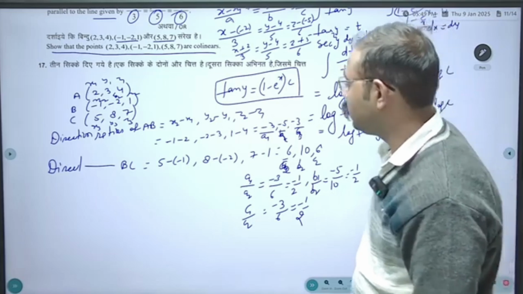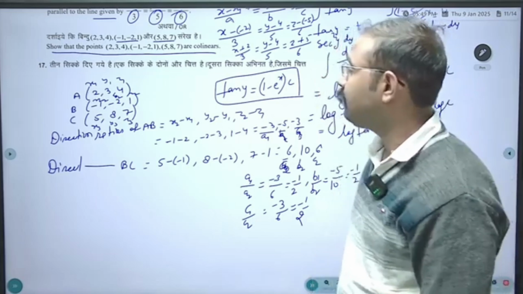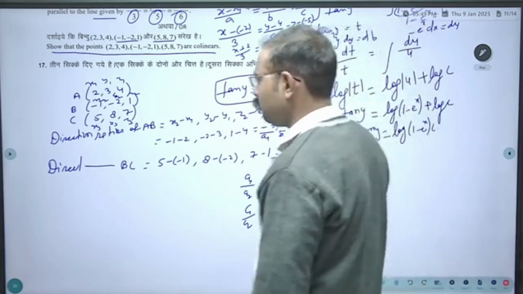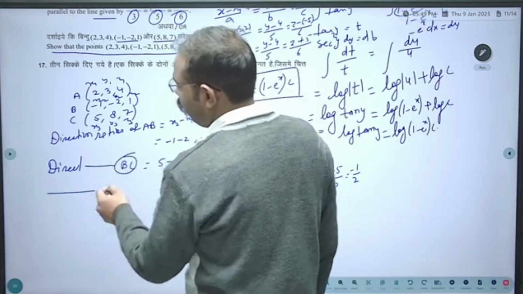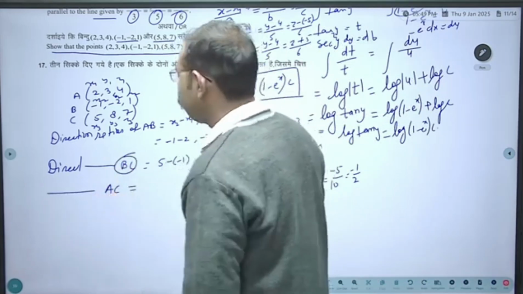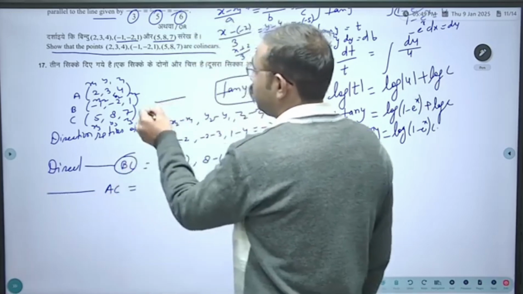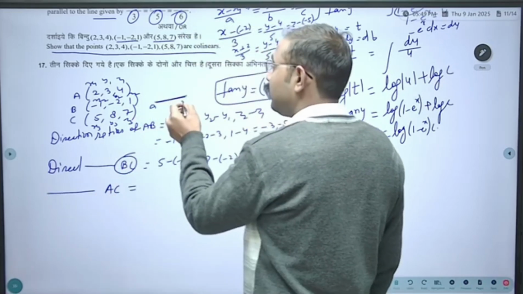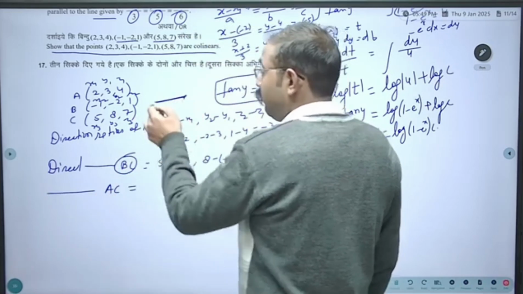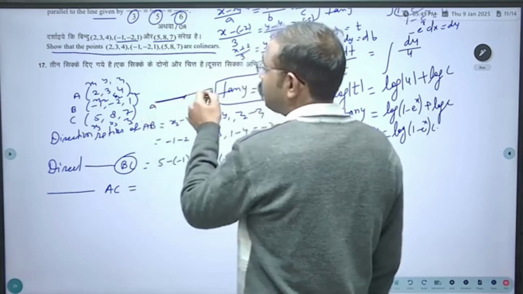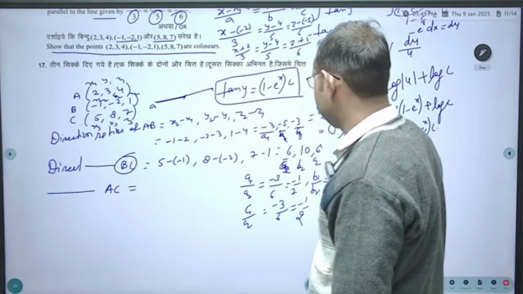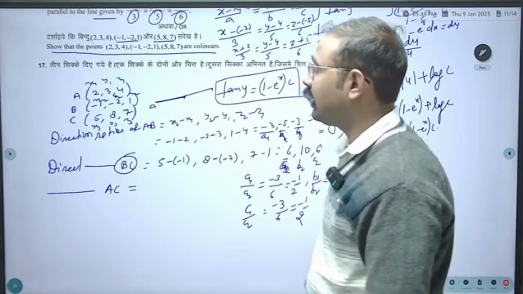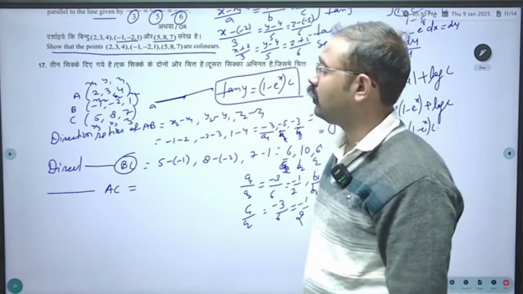All their direction ratios are the same. Instead of BC, we can find AC also. The direction ratios of AB will be the same as the direction ratios of AC. So both the lines are collinear.